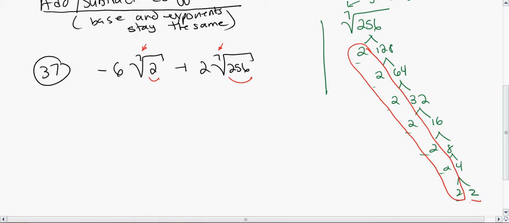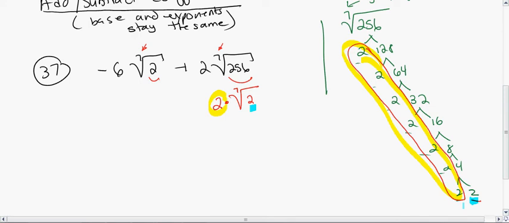All right, let's rewrite that 256. So the 7th root of 256 is going to be 2 times the 7th root of 2. This 2 here comes from this group of seven 2s. I've got one group of seven 2s. This 2 here comes from the one 2 that is not grouped with anybody else, the one that was left over.